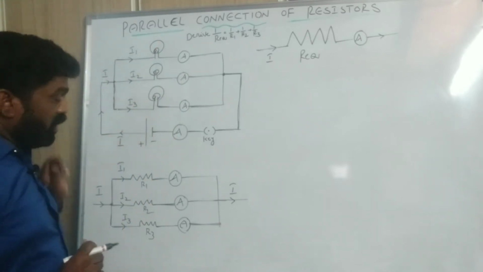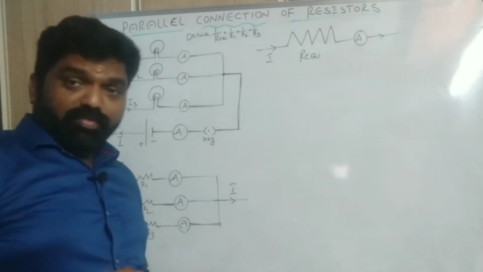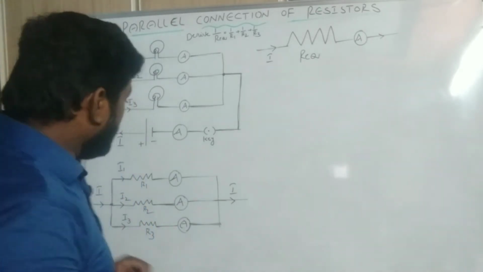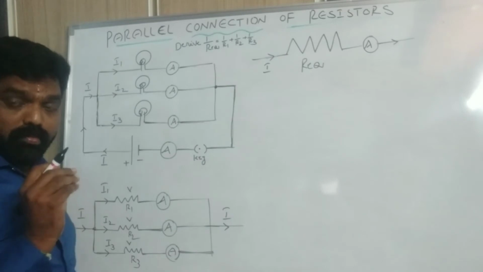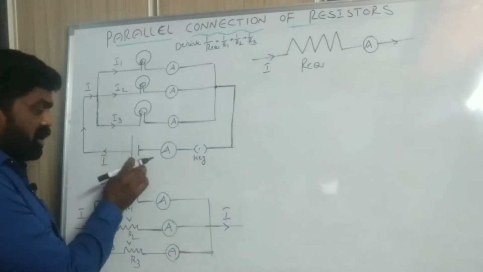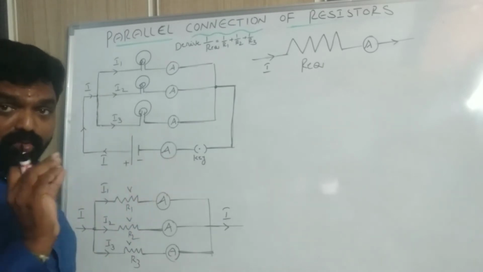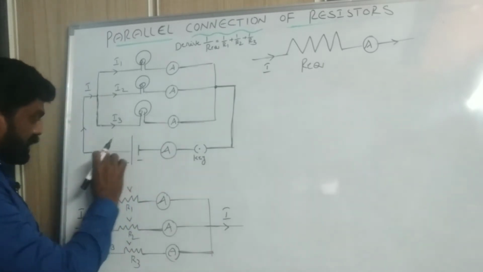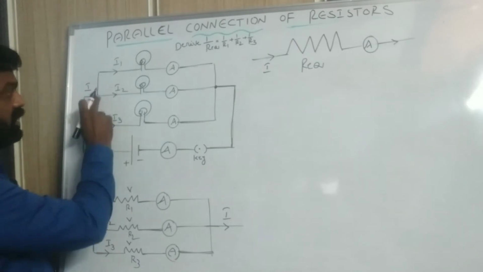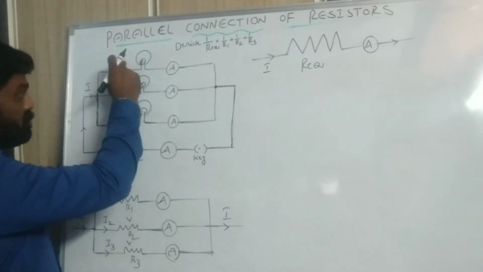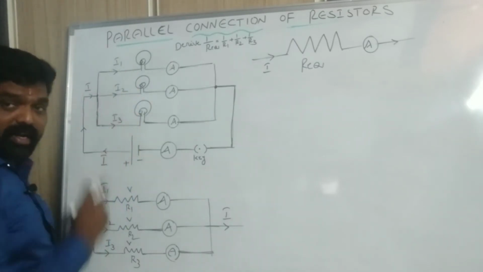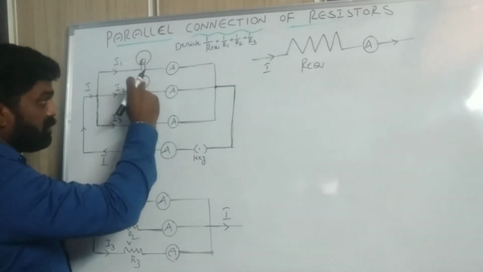Okay, now we can find the current. Measure the current drawn from the battery by using an ammeter. We will notice that the current drawn from the battery is equal to the sum of the individual currents drawn by the bulbs.